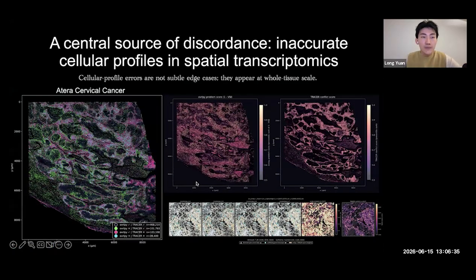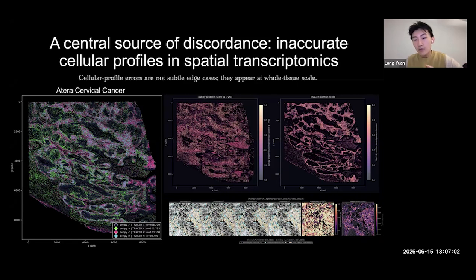So this is a whole transcriptome Xenium cervical cancer data set with hundreds of millions of transcripts. When we compare an orthogonal problem score from a recent tool called OverPy, which measures vertical structural integrity, with the Tracer conflict score, both highlight structured regions of discordance.